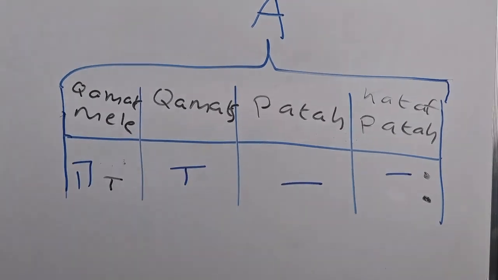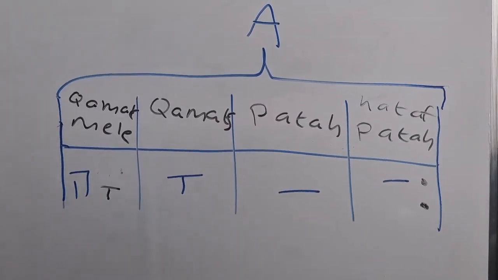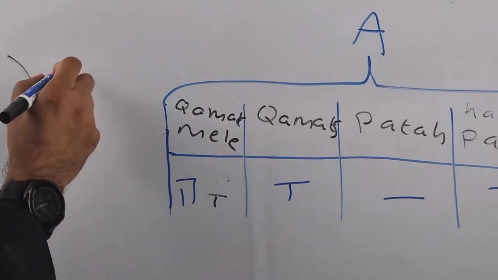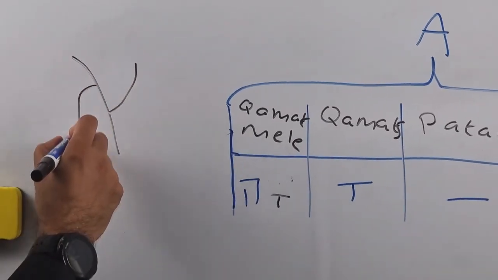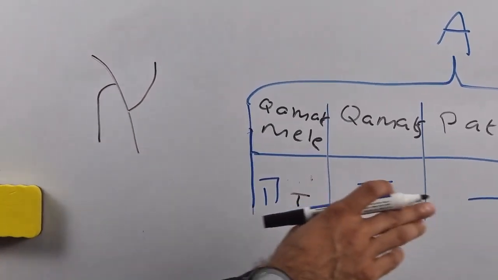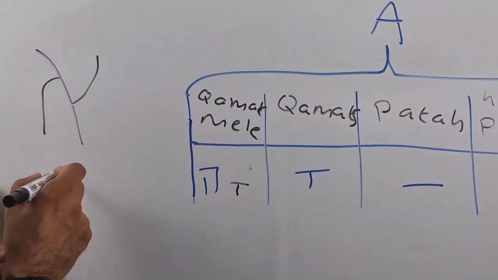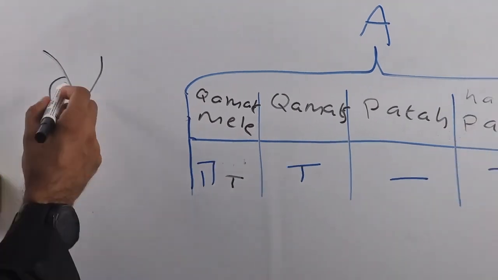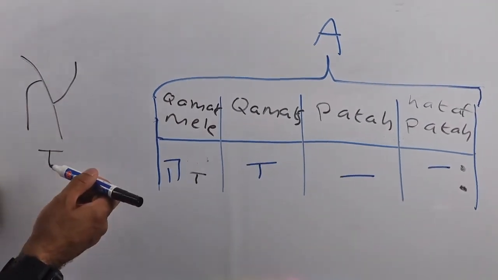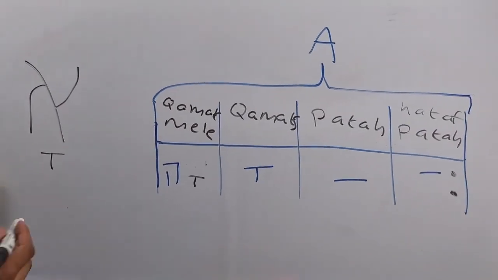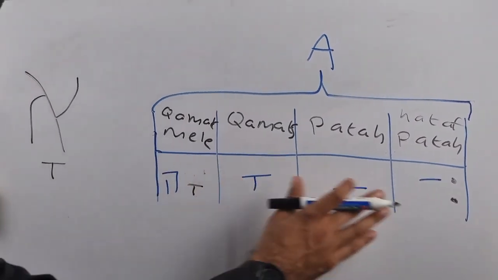Now, to give you an example from our previous videos, the letter Alif in Hebrew, if it has these diacritical marks below it, for example, kamats, with Alif, kamats, this is a reduced vowel.